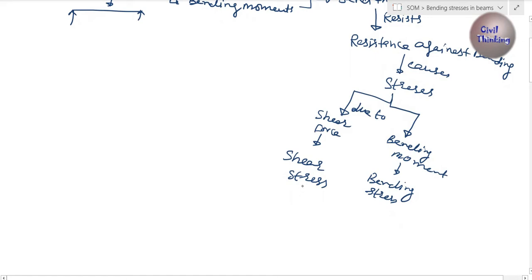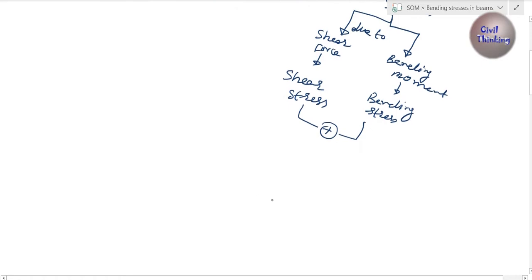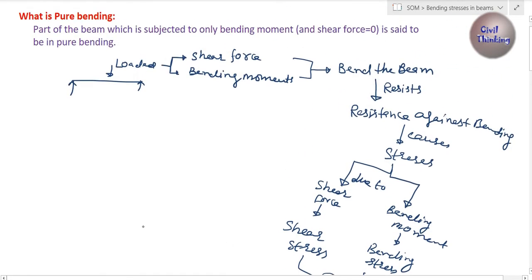And the combination of these two stresses, if both shear stresses and bending stresses occur in a beam together, then they are called combined stresses, right? As you can see, this load causes shear force here, and it also causes bending moments, in fact at all the sections.